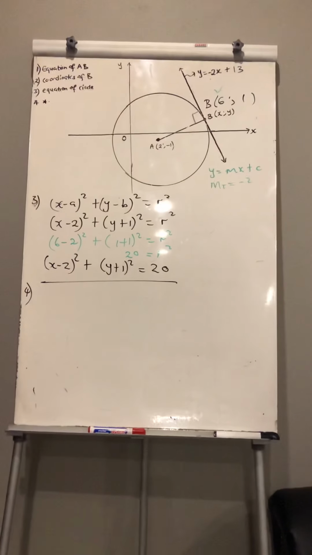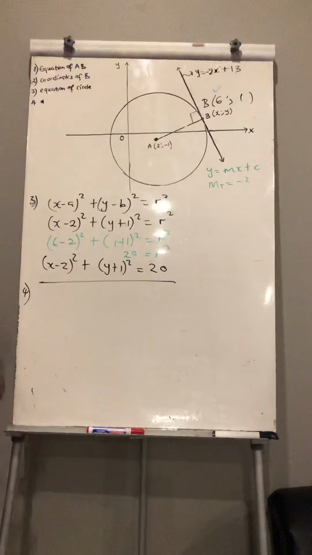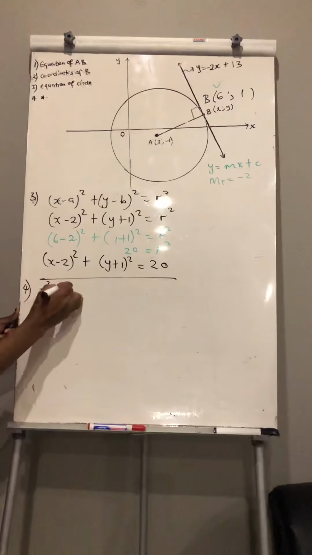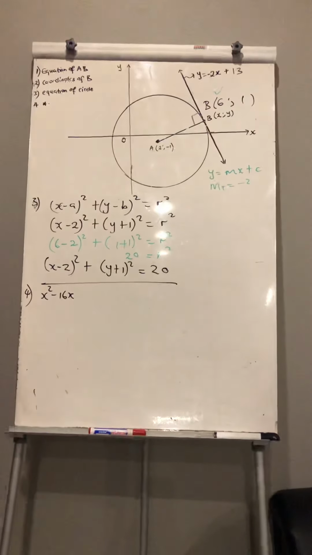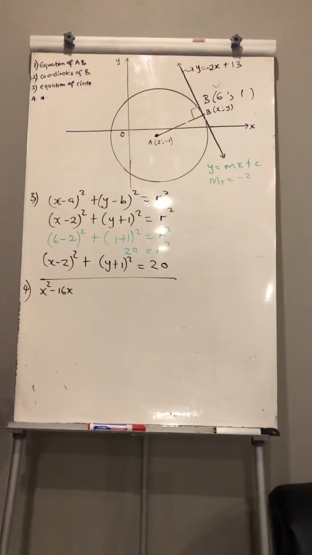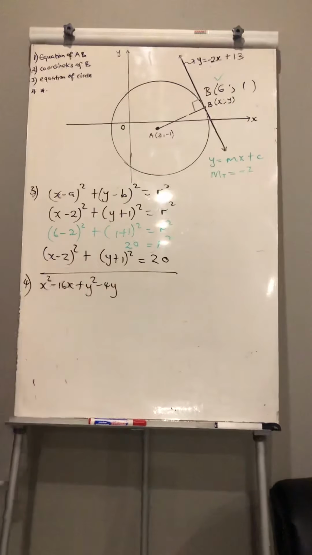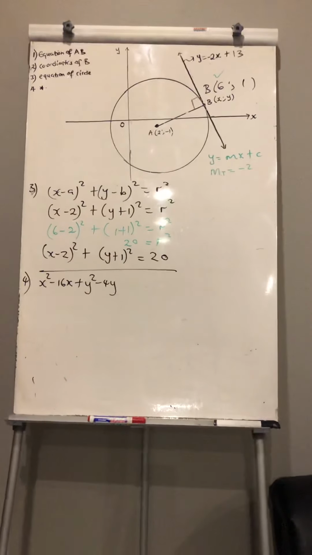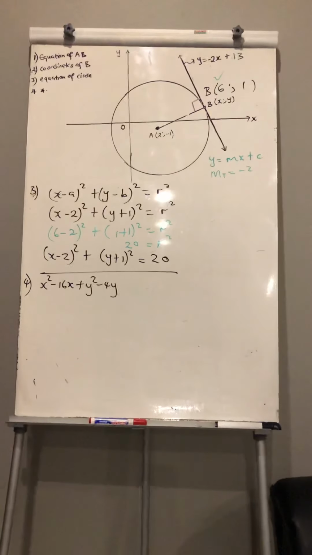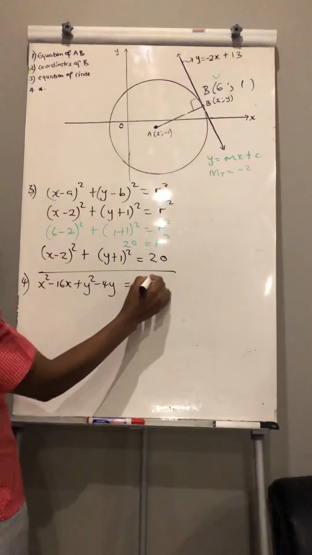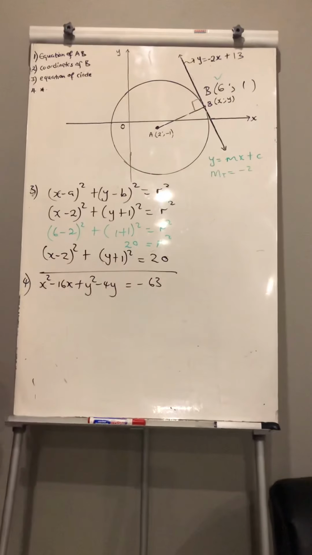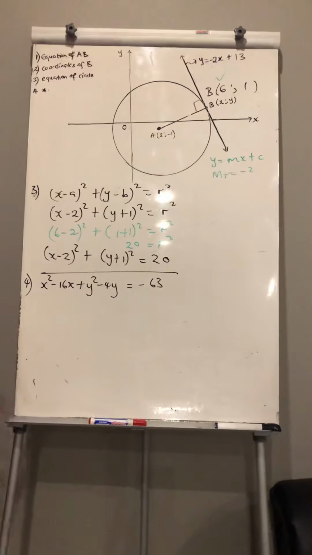The question said there is another circle with this equation. X squared minus 16x plus y squared minus 4y, and you also notice it is equal to negative 63. So this is the circle that we were told. We're told there is yet another circle here.